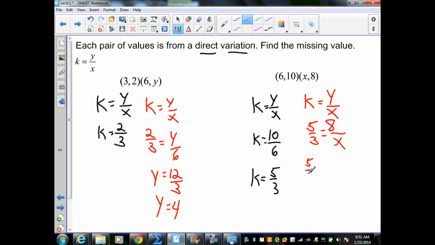I get 5/3 x. I could also cross multiply. And then multiply both sides by the reciprocal, which is 3/5. And my solution is 24/5 for the value for x.